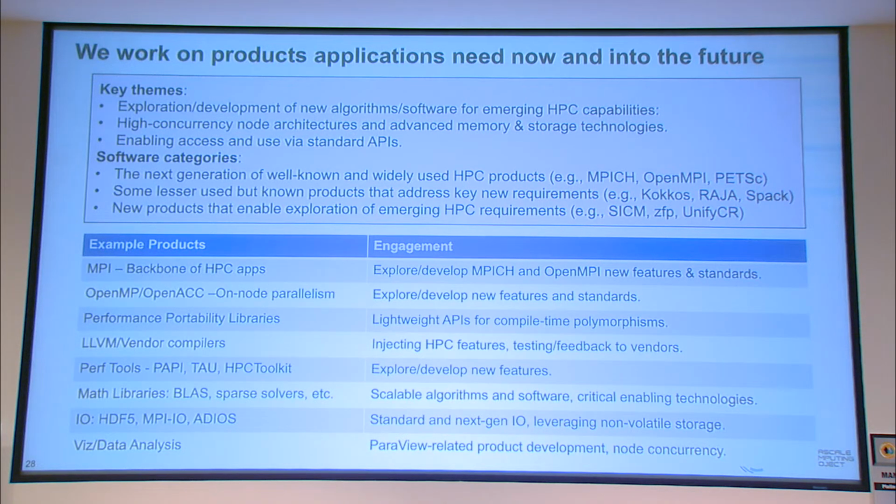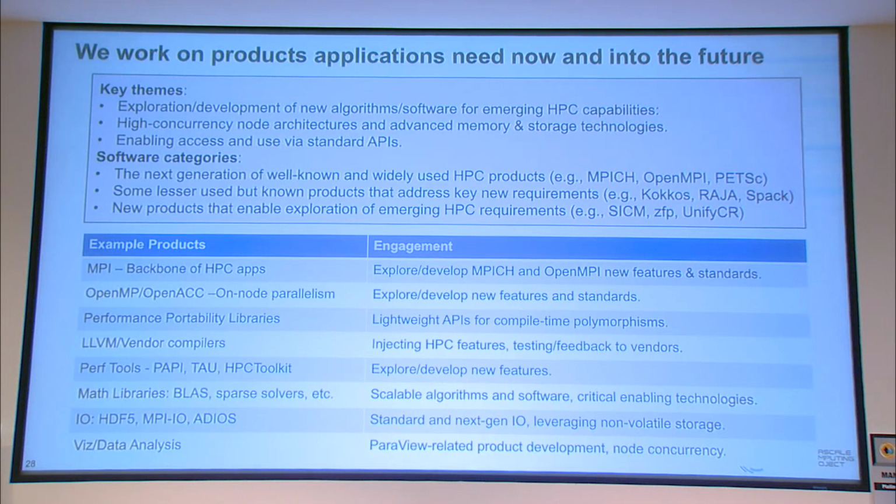So the key themes of what we're looking at in the software technology space is making sure that the algorithms and software work well on emerging high-performance computing architectures. So I talked about that at the beginning of the discussion today. High-order methods, replacing communication with computation.